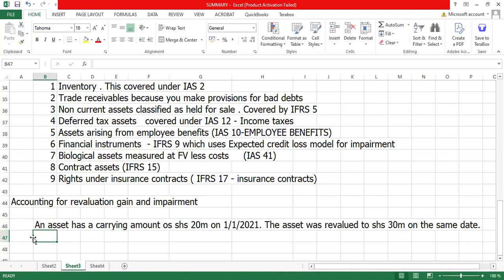An impairment review on 31st December 2021.